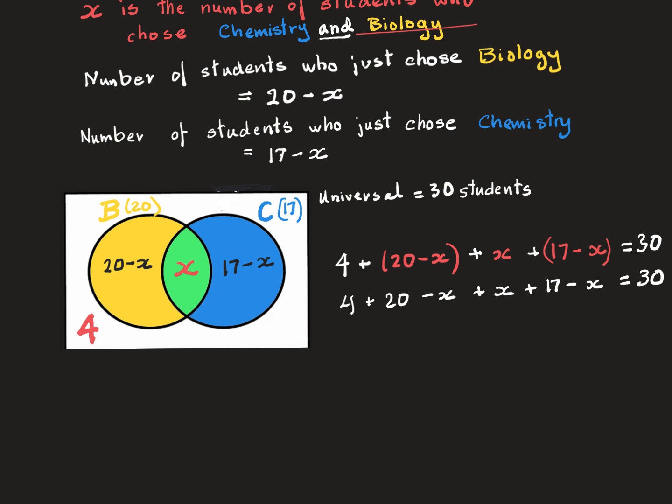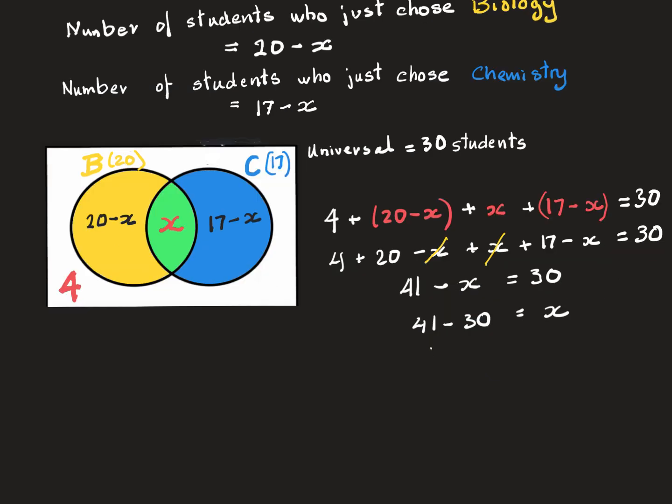Now we'll know that minus x and x can cancel out, and 4 plus 20 plus 17 will equal 41 minus x, which equals 30, and therefore 41 minus 30 is equal to x, and this leaves us with 11 students choosing both biology and chemistry.